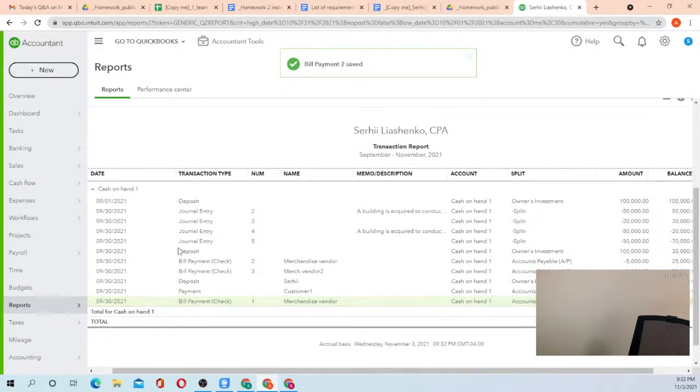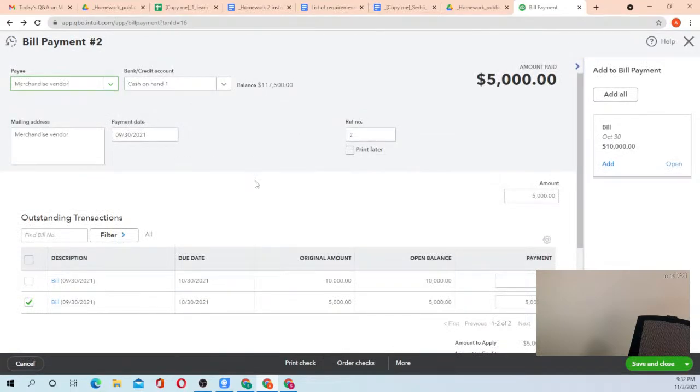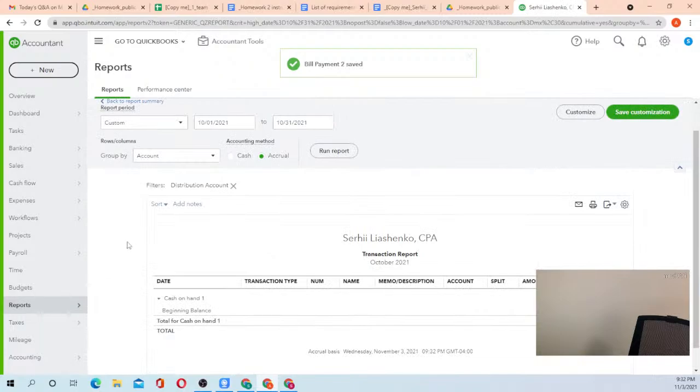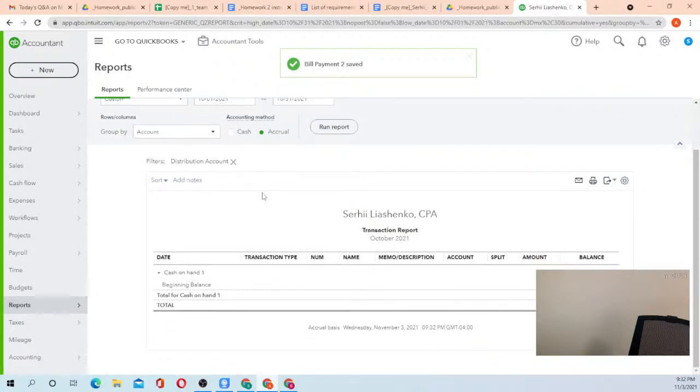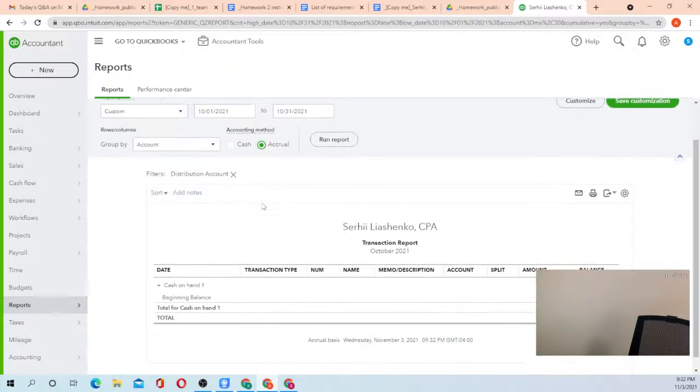Here I'm just experimenting with Quickbooks, and I see how any of my manipulation has an impact on accrual and cash basis. Okay, September, save and close. Accrual, cash. So the cash account is the same on both accrual and cash basis.